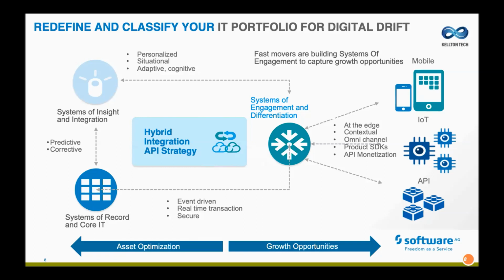But in this picture, as you can see, the aspect of differentiating your IT portfolio into those systems of engagement and digital systems, and those systems of cloud, that move the fastest are the systems of engagement to capture growth opportunities.